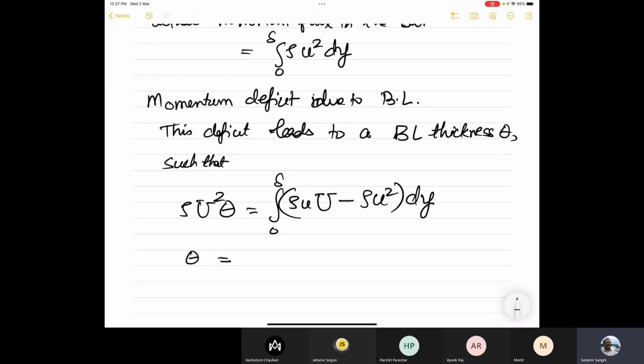And from here we define theta as the integral from 0 to delta of small u upon capital U into 1 minus small u upon capital U dy. So this is the definition of momentum thickness.